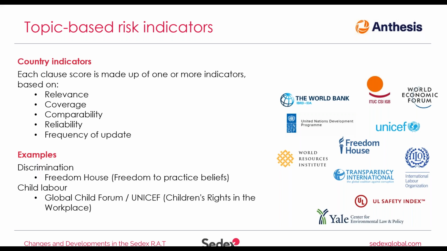So relevance, coverage of countries and regions, that they had good and roughly equivalent coverage of countries and regions, and the indicators were comparable. In other words, the numbers generated for each country must be generated in a roughly comparable way, that they come from reliable and good quality sources of information, and that they were updated frequently.